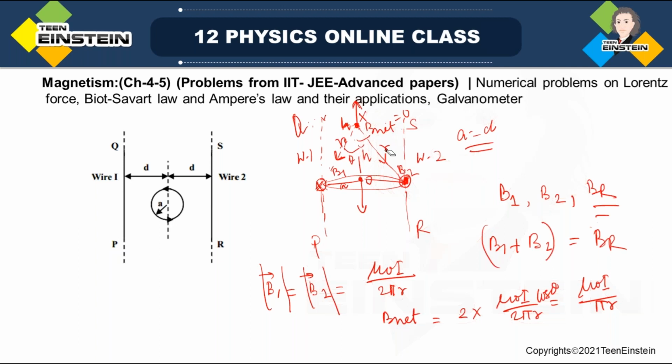So B net is mu 0 I h by pi r square, equal to what this ring will produce as magnetic field at the center, mu 0 I a square divided by 2 into (a square plus h square) to the power 3 by 2.